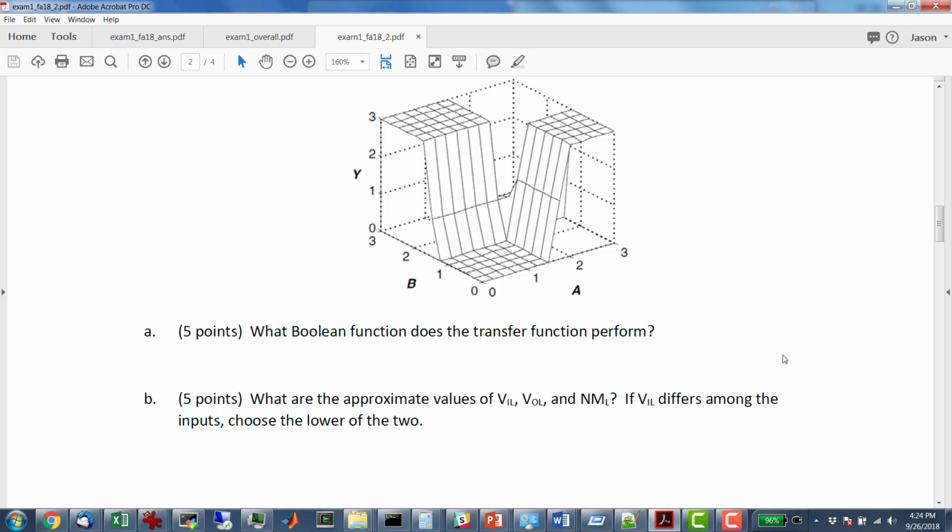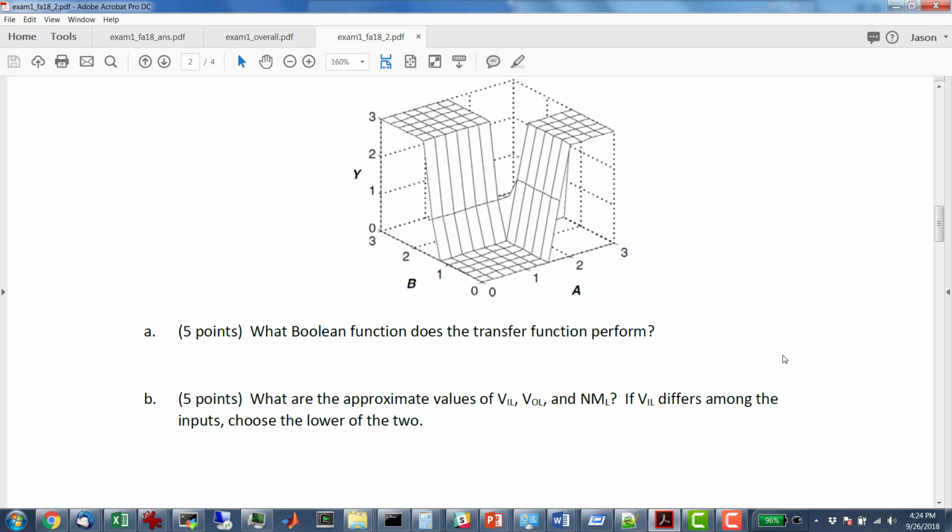And of course A is low there. Right at this point where this starts to go up, A is 0 and B is transitioning from 0 to 1, and thus Y is transitioning to 1. That happens at about 1.25 volts, so anything over 1.25 volts on B is registering as a 1 because that's causing Y to go high.